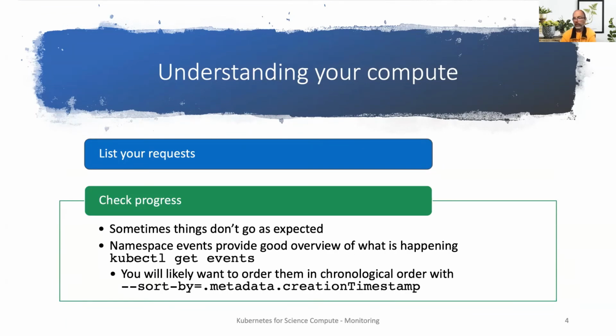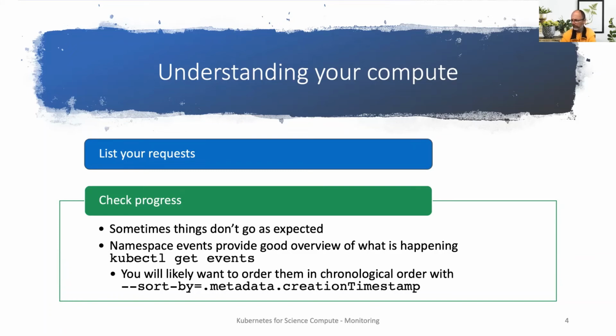But knowing what you have there is only part of the equation, because sometimes things just don't go as expected. And the best way to figure out why things are not going the way you think they should go is by looking at namespace events. So if you run kubectl get events, it will tell you everything that was going on in that namespace in the last, I don't remember how long the retention is.